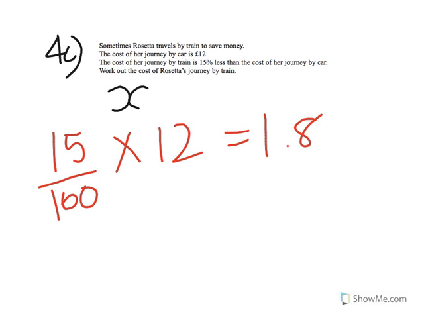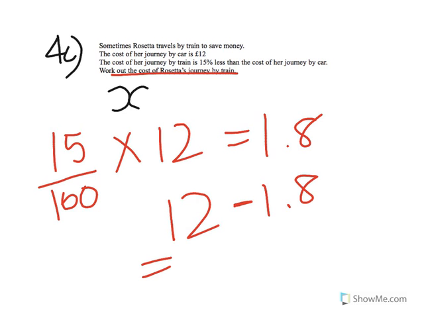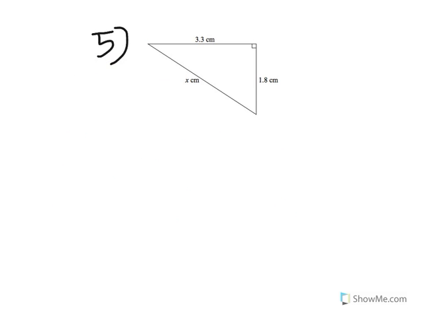So we have to actually find the cost of Rosetta's journey by train. So all we have to do is 12 minus 1.8. And that'll give you an answer of 10.2. Just add the 10.20 because we're talking about money. So yeah, 10.20.